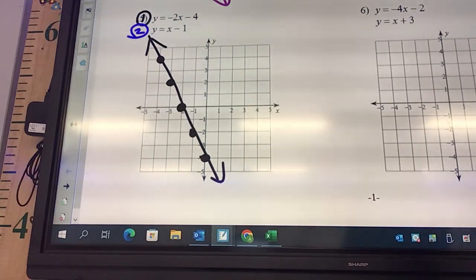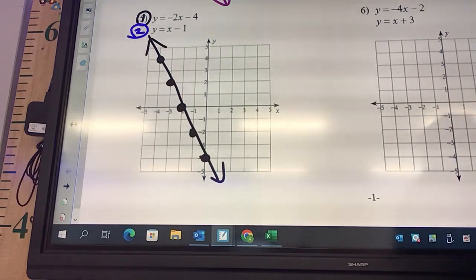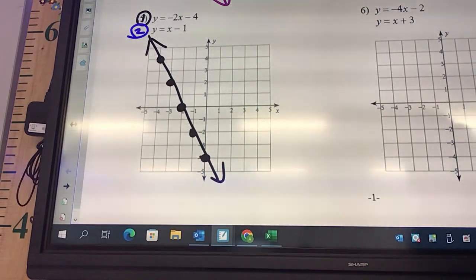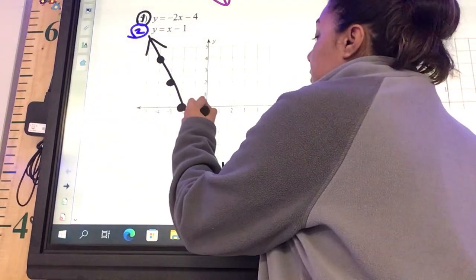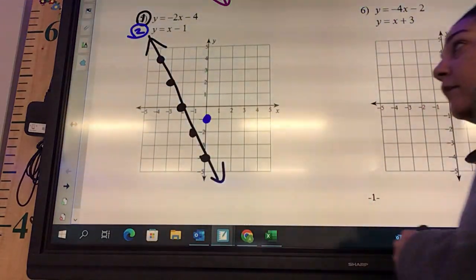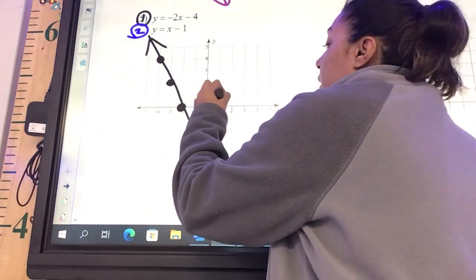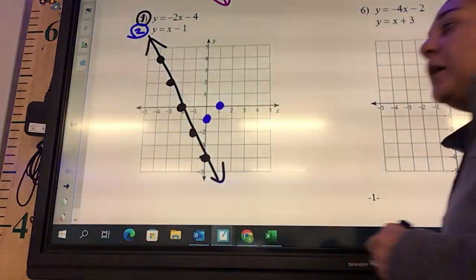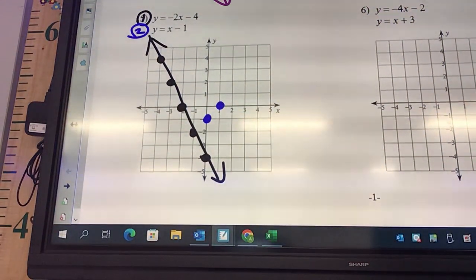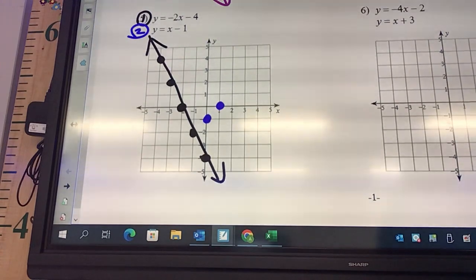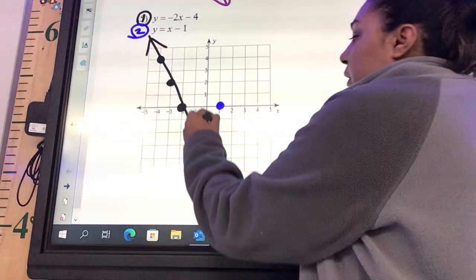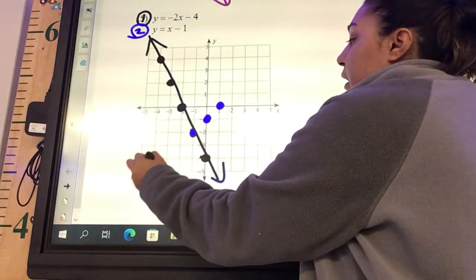Okay, line 2. Where does it start out at? -1. What is our slope? 1. So we're going to go up 1, over 1. If I keep going up and over, am I ever going to intersect? No. So we might as well try the down. So we're going to go down 1 over 1, and we see that it does intersect.